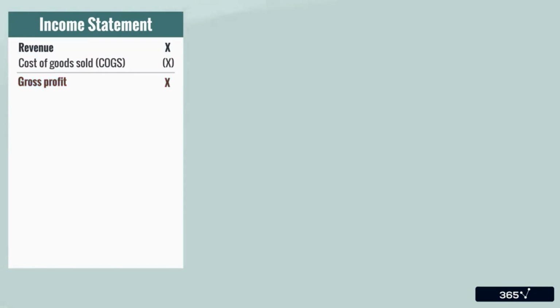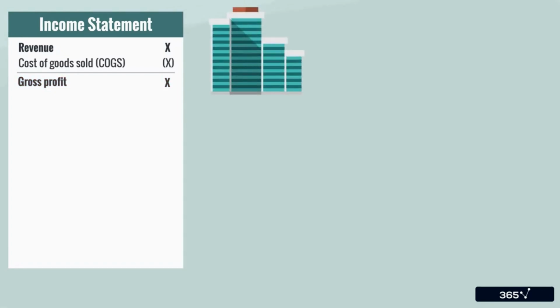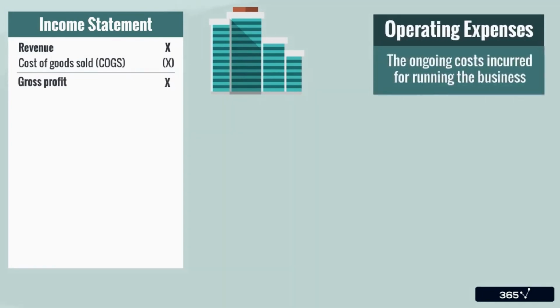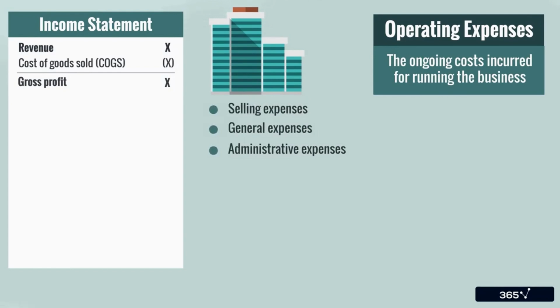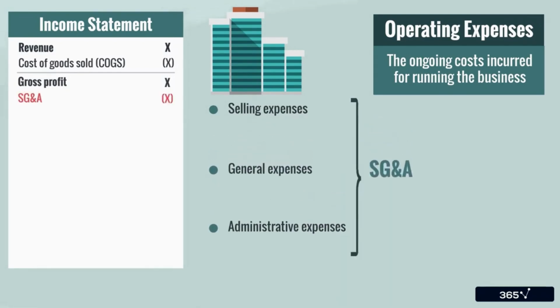If we scroll further down the income statement of a random company, we will certainly come across some operating expenses as well. These are the ongoing costs incurred for running the business. For example, every organization generates some selling, general, and administrative expenses, often called SG&A. This is a large income statement category that comprises the costs of making sales, such as marketing and promotional expenses.